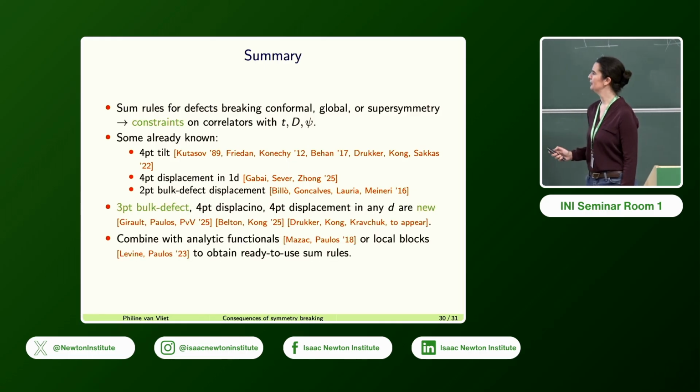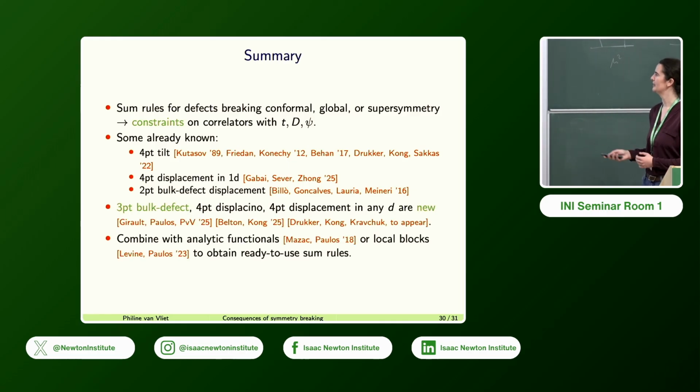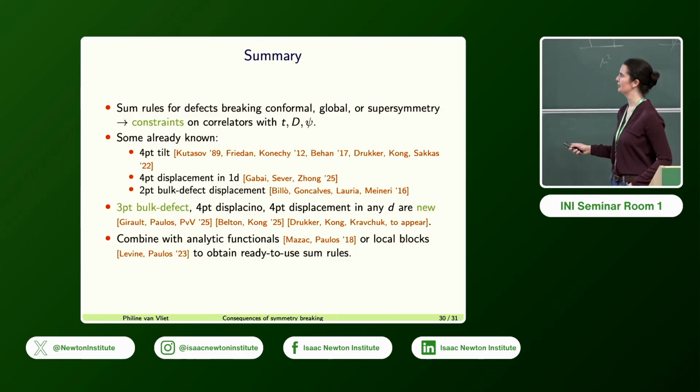So let me go to the summary of what I've said so far. We have found some rules for defects breaking conformal, global, or supersymmetry, and this gives constraints on these 3 operators. Some of them were already known. I hope I didn't miss anyone here, but probably I did. We derived these new 3-point bulk defect and higher dimensional sum rules.